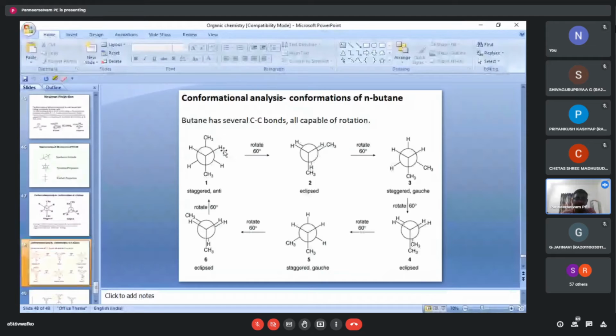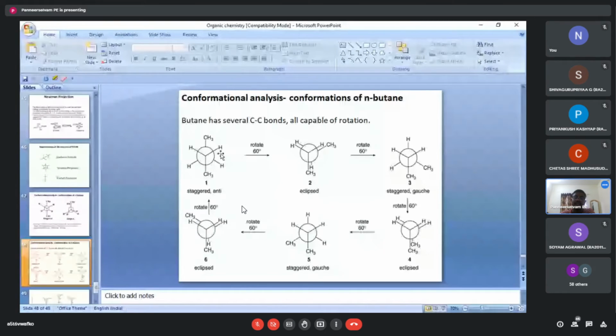In the staggered form, the interaction is very low and the attraction force is very small. After a 60-degree rotation, the methyl-hydrogen interaction has higher energy. Students, are you understanding this concept? Yes, sir. Here the distance is long, so the attraction force is very small.